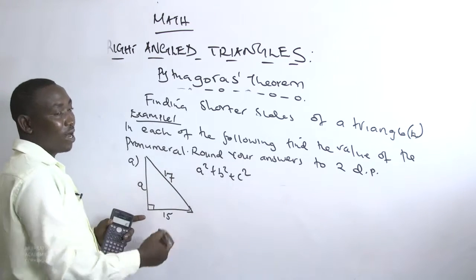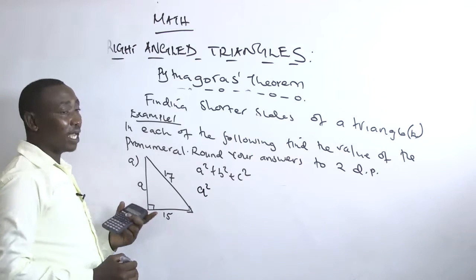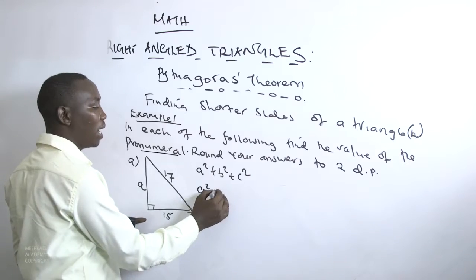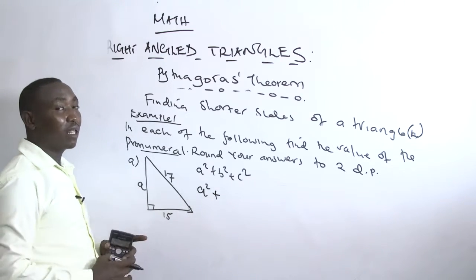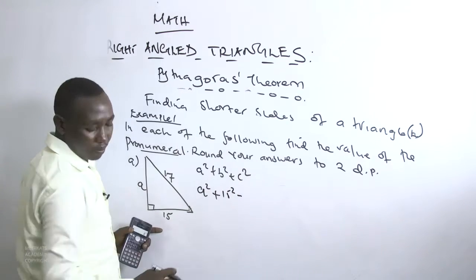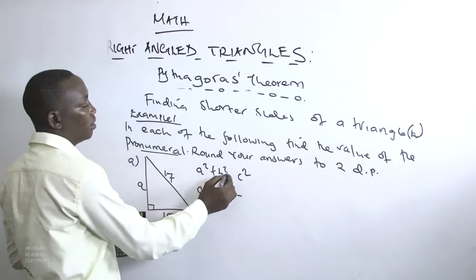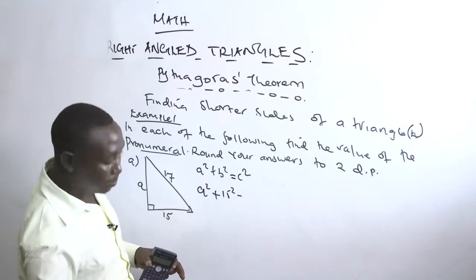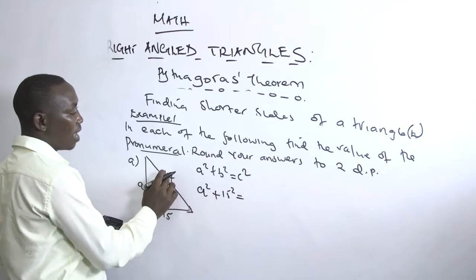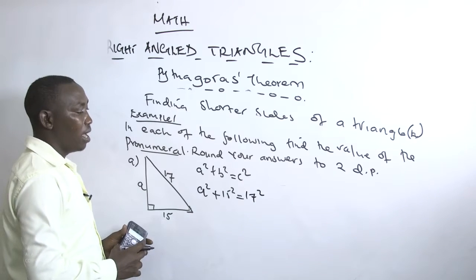Now we don't have the value of A, so we retain it as A squared because it is the pronumeral that we are looking for, plus B squared, which is the length of the other shorter side, which will be 15 squared, is equal to C squared, and our C is 17, so we shall have 17 squared.